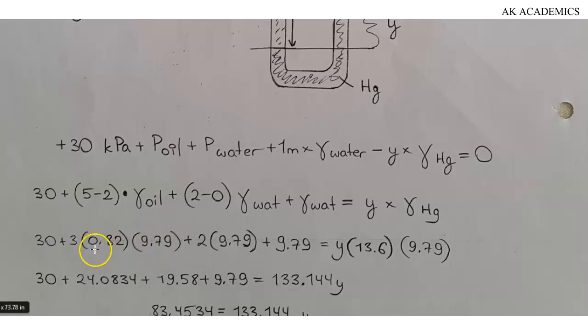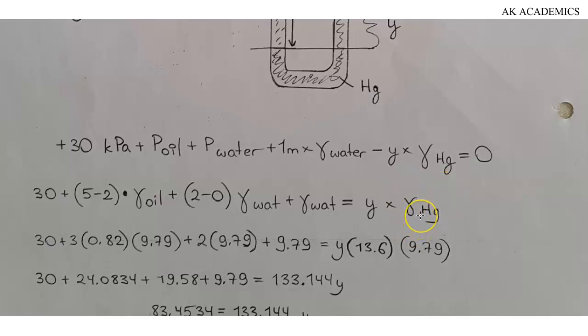The specific gravity of oil times the specific weight of water is equivalent to the specific weight of oil. So that is what we have here, plus 2 minus 0 is 2. Specific weight of water is 9.79, you put that here, plus specific weight of water, which is 9.79 again, equal to y multiplied by specific weight of mercury.